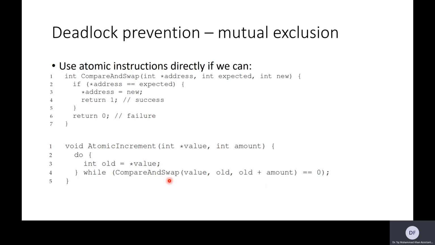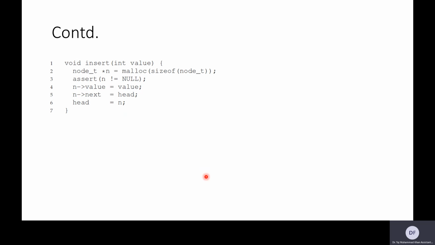There is no chance that any thread can interrupt this operation in the middle, and we will have a wrong value of the counter. So here we are doing the counter equals counter plus 1 operation, but without locks. Mutual exclusion in some cases can also be obtained by using atomic instructions. This is one example.